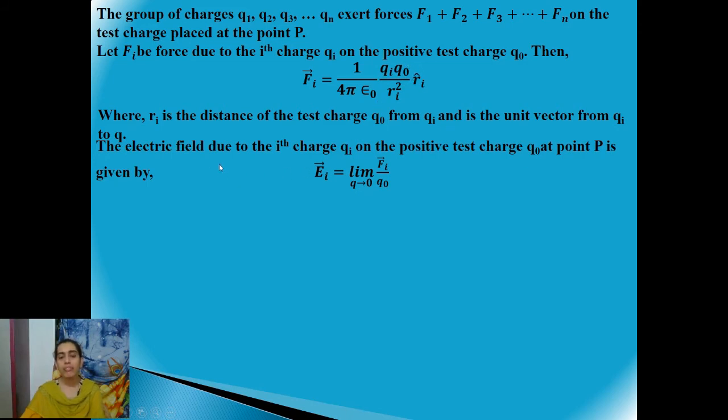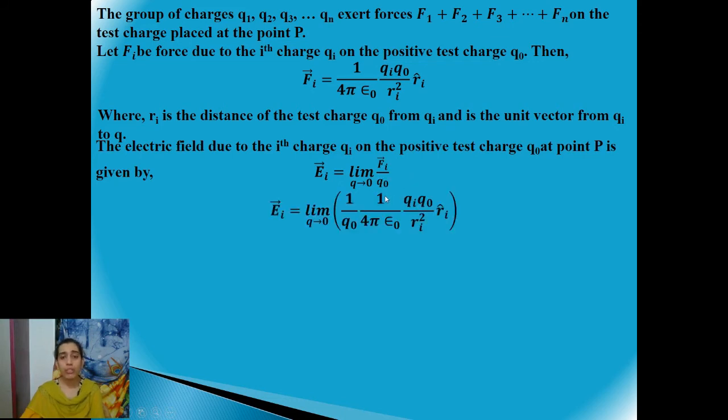Therefore, the electric field due to this ith charge on this test charge will be given by Ei. Vector Ei is equal to limit of vector Fi divided by Q naught, because the test charge which we have considered is very small.